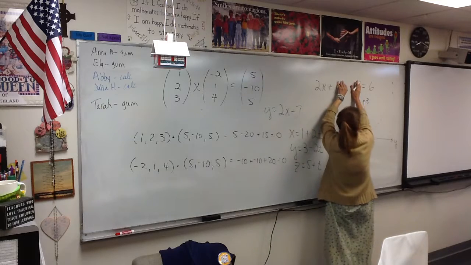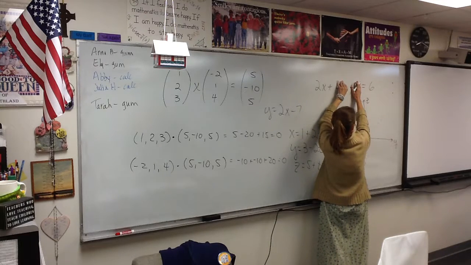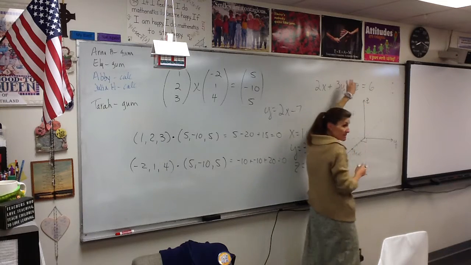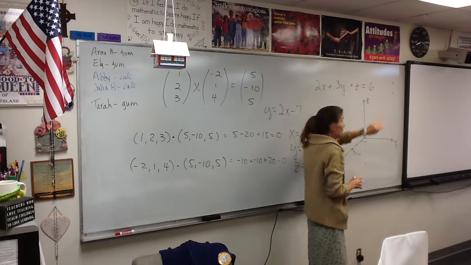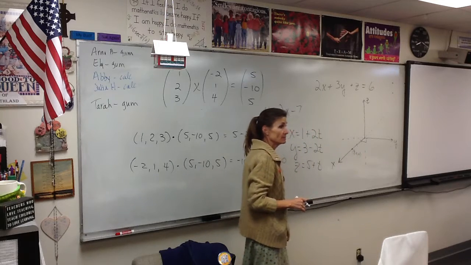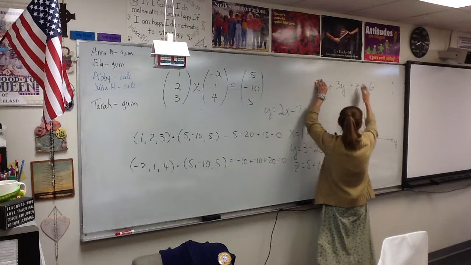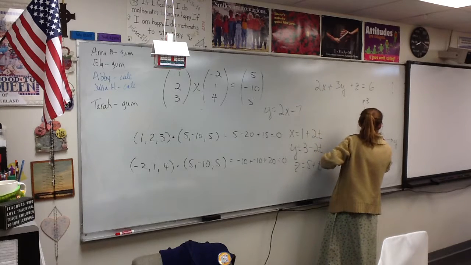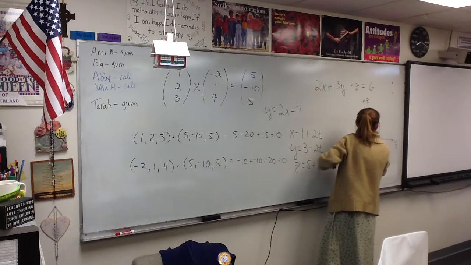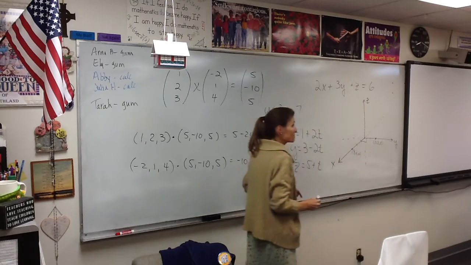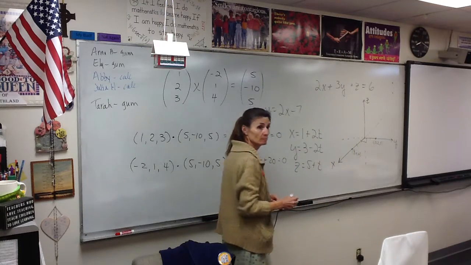If we let y and z both be 0, so we're on the x-axis, then x has to be 3. Does everybody see that? Now what's my y-intercept? 2. Let everything be 0 except y, and y turns out to be 2, right? How about z? 6.